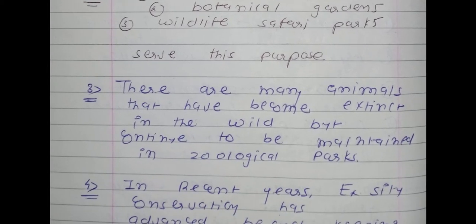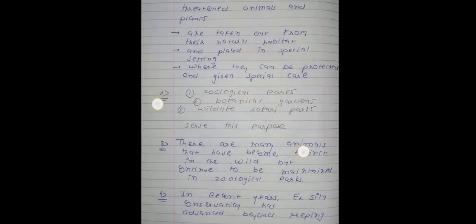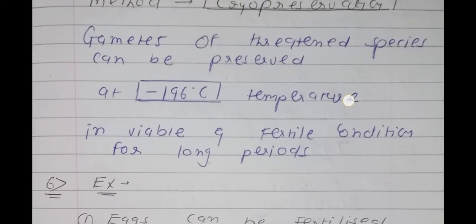Point number 3, many animals have become extinct in the wild but are surviving in zoological gardens, meaning zoological parks. And in recent years, ex situ conservation has advanced beyond keeping threatened species in zoos. So the first page is completed and now we will go to the next page.